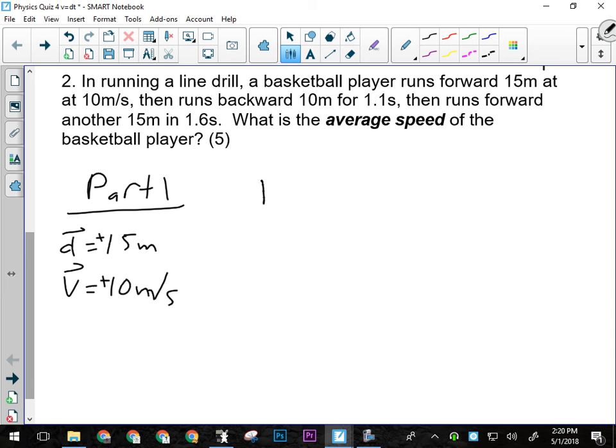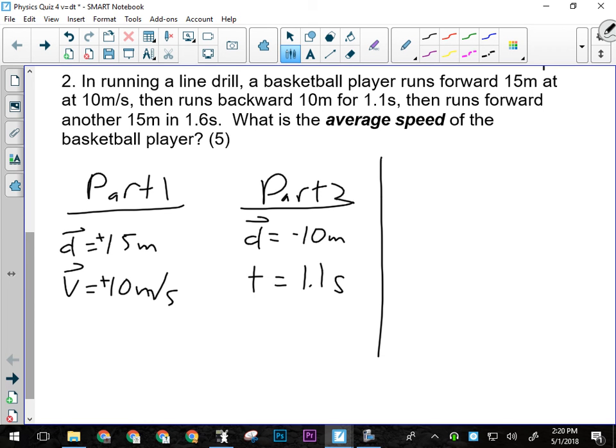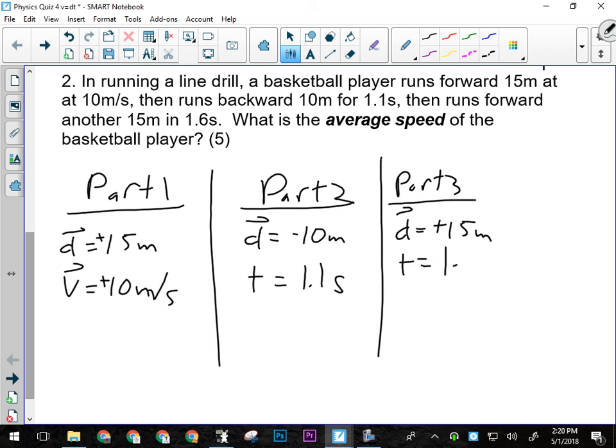And then runs backward 10 meters for 1.1 seconds. And then runs forward, so there's actually three parts. So 15 meters, and that takes 1.6 seconds.